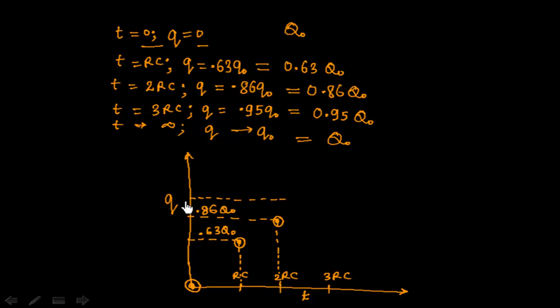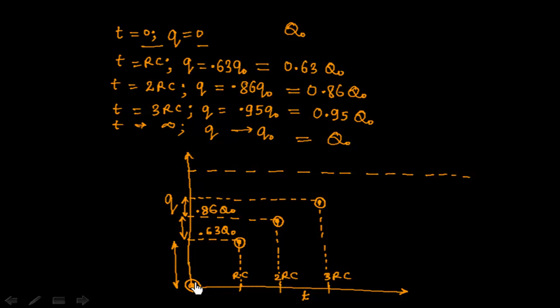So these gaps are becoming smaller and smaller. Initially the gap is high, the second time the gap is smaller, and finally the gap is even smaller. And the final value we have is Q naught. So let us say this is the maximum charge when time goes to infinity.